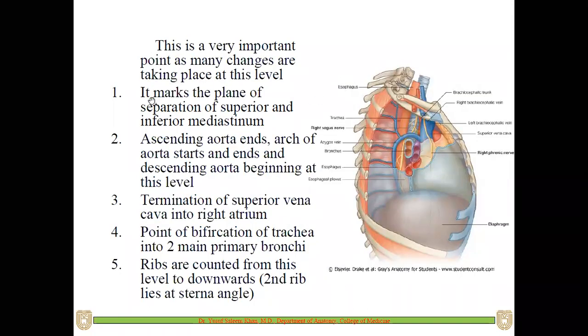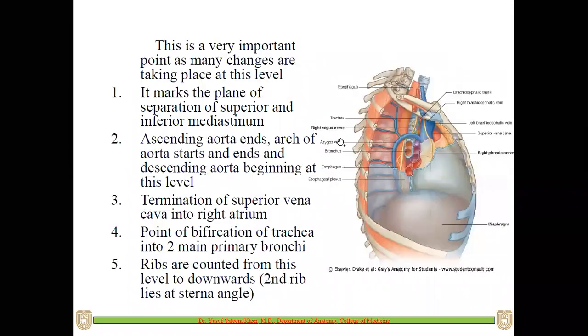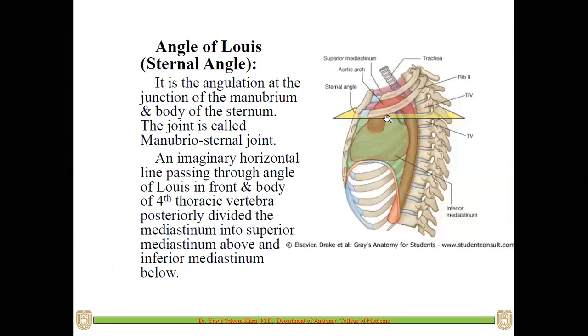So what are those? It marks the plane of separation of the superior and inferior mediastinum, 1 point. The second is that the ascending aorta ends, the arch of aorta starts and ends, and the descending aorta begins at this level. So if you see here, here is the heart. This is the ascending aorta.